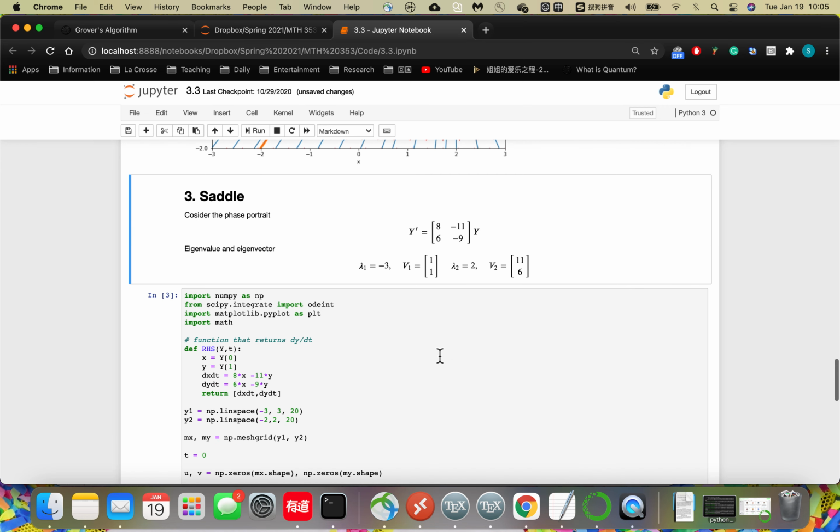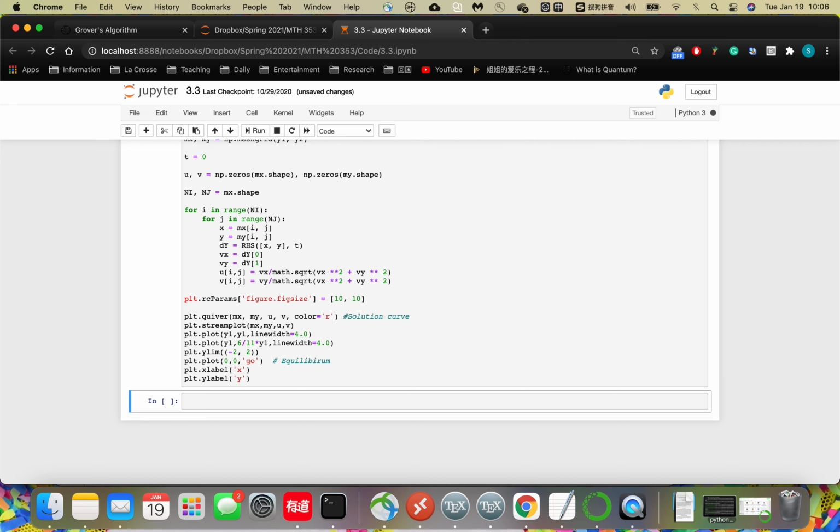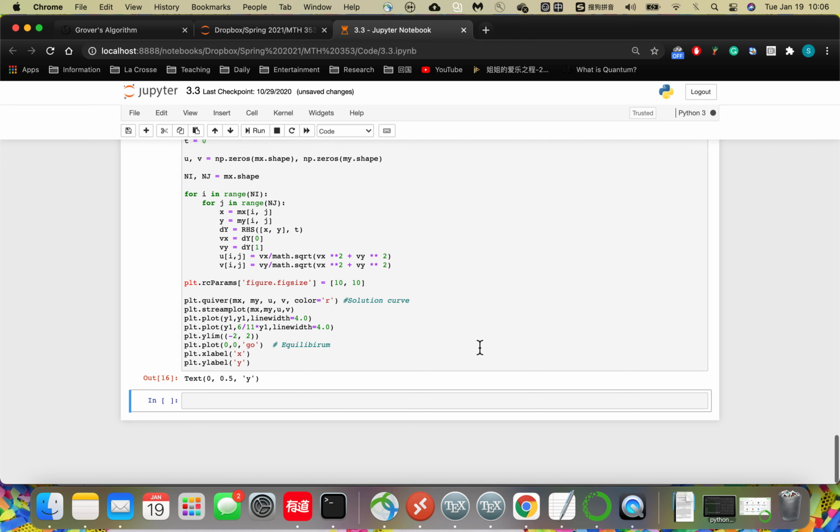Okay. And finally, we can have the saddle. We can have two things. The first one is 1, 1. The second one is 11, 6. In the direction of 1, 1, we are going to have a sink. And in the direction of 11, 6, we are going to have a source. So in one direction, it's coming towards 0, 0. In the other direction, it's leaving 0, 0.